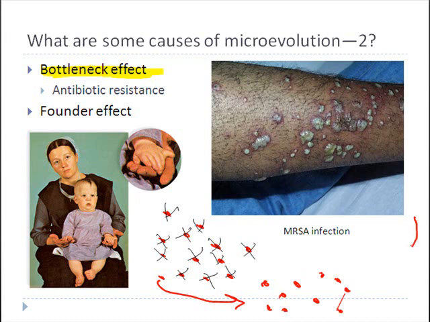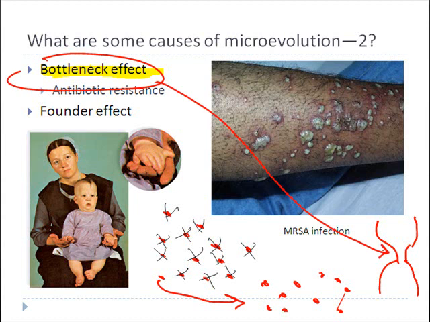When a large population is funneled down to just a handful of individuals, and those handful of individuals give rise to another large population, that's called a bottleneck effect. You're going through literally the neck of a bottle with very few individuals for a generation or 3 or 4, and then coming out the other side with more individuals.